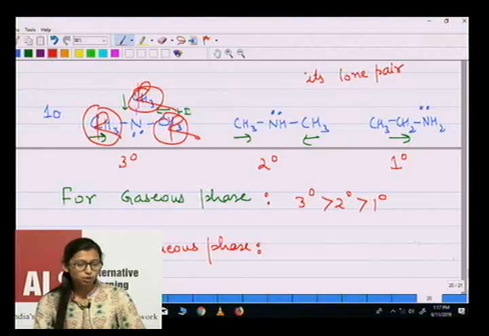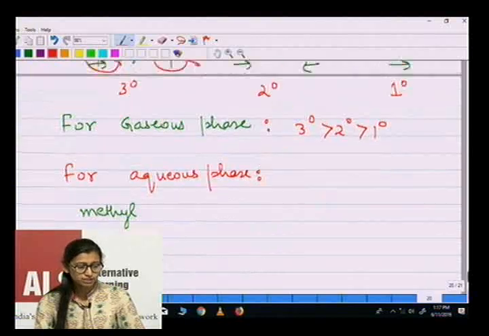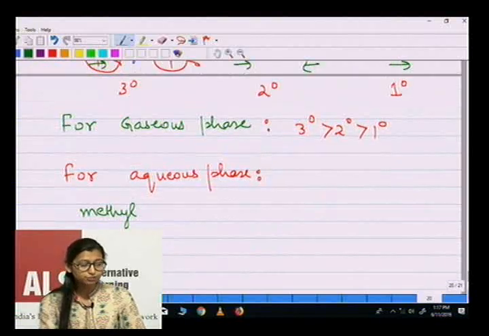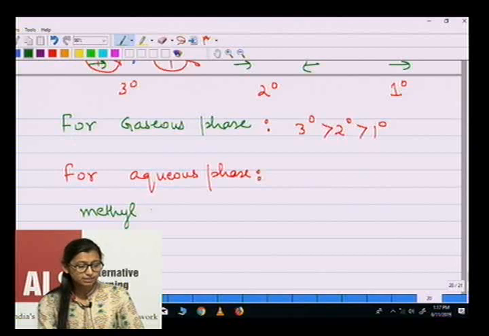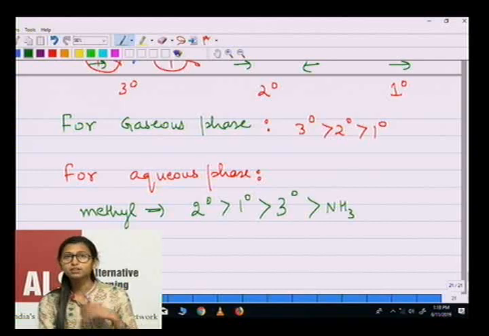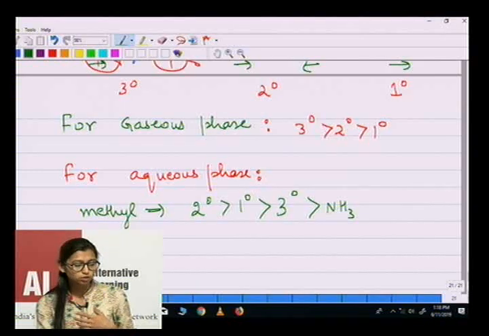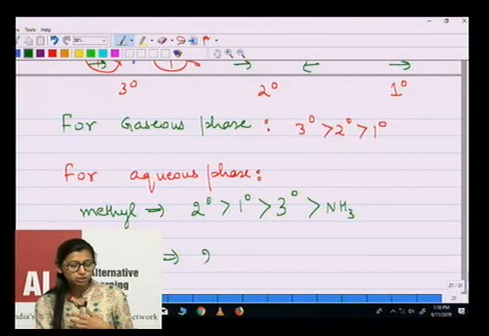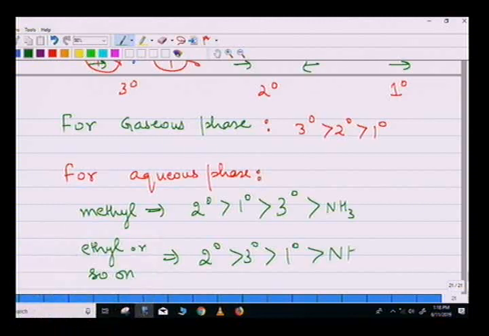Now, in the aqueous phase, when you particularly have methyl, the answer will be 2 degree, 1 degree and then 3 degree, and after that NH3. And for other groups, like ethyl and so on, the answer will be 2 degree, 3 degree, 1 degree and then NH3.